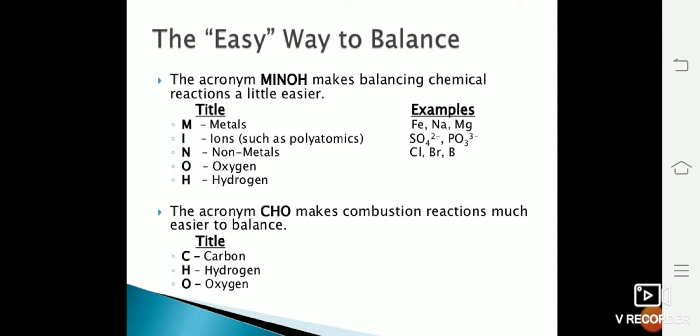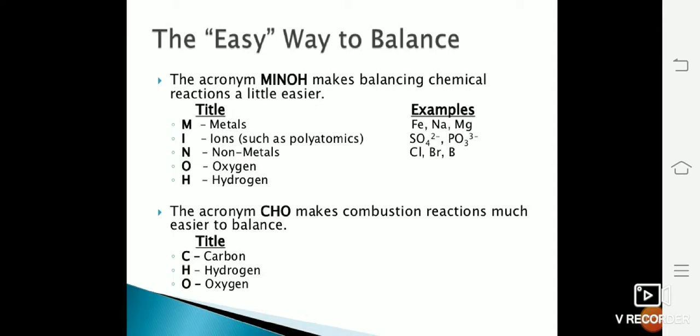MINHO stands for M for metal, I for ions, that may be a positive radical or a negative radical. Please remember, we have done cations and ions. Ions means radical. N means non-metal, O means oxygen, and H means hydrogen. Why I have made these acronyms is because if you follow these steps, when you are balancing a chemical equation, first try to balance the number of metals on both the sides.